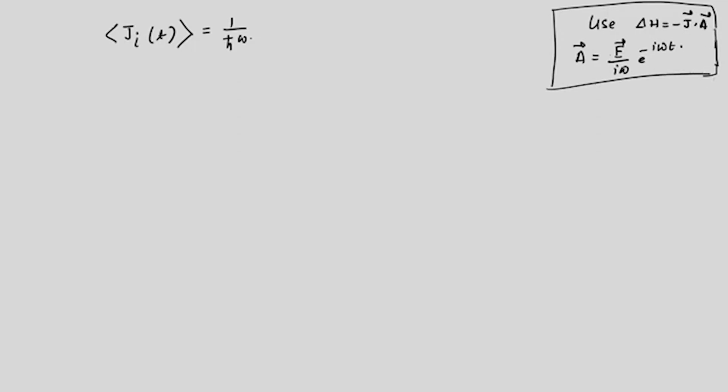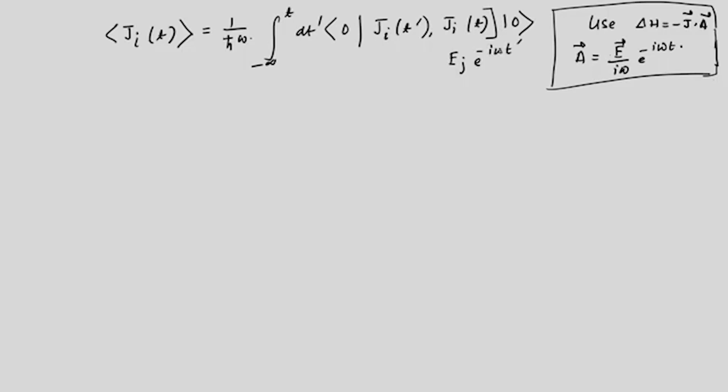If you do that, then the particular component of the current looks like this: 1 over h cross omega, integral from minus infinity to t dt prime, of the expectation value in state 0 of the commutator of J_i(t prime) and J_j(t), in state 0, and you have to write the electric field. So this is E_j exponential of minus i omega t prime.